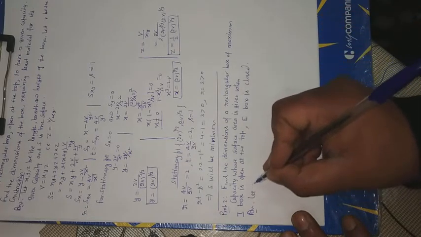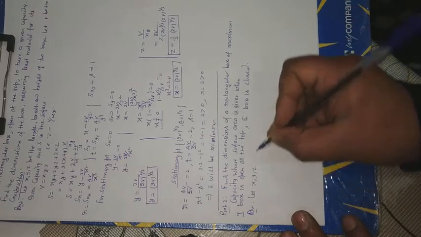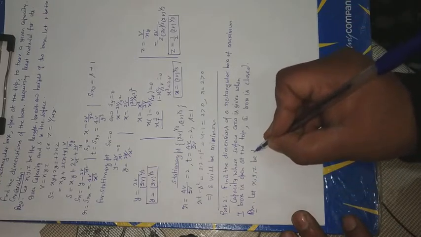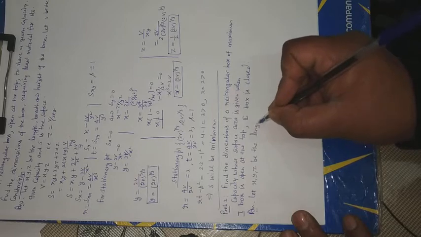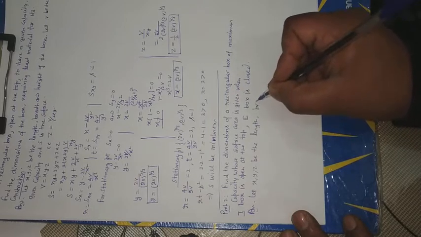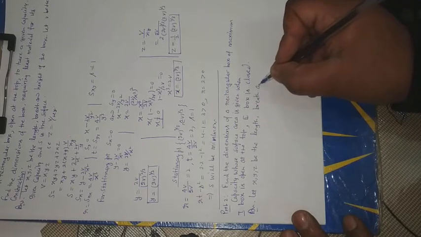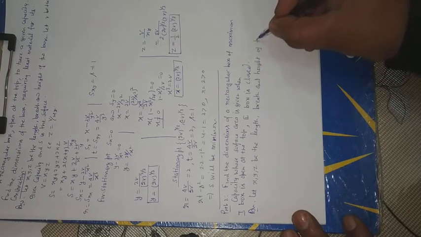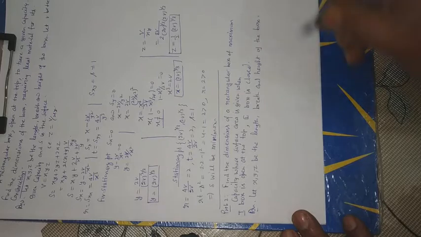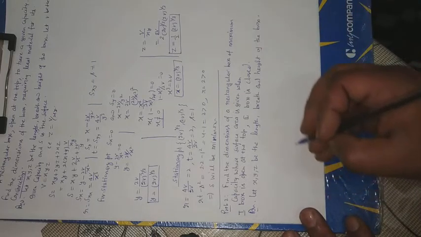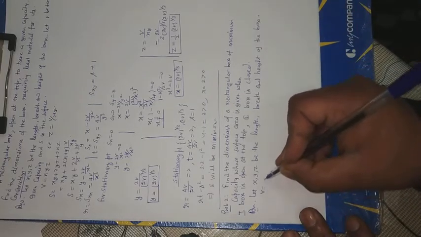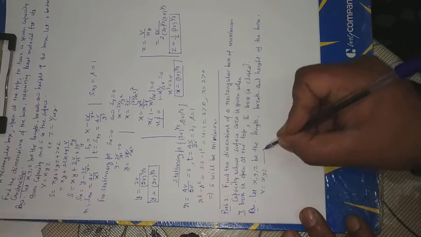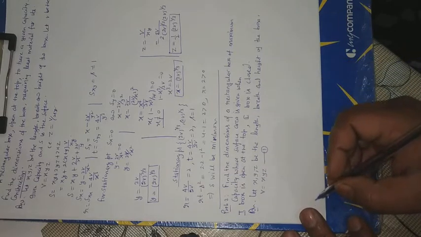Solution: let x, y, z be the length, breadth and height of the box. Okay, therefore V is equal to xyz. This is equation first.